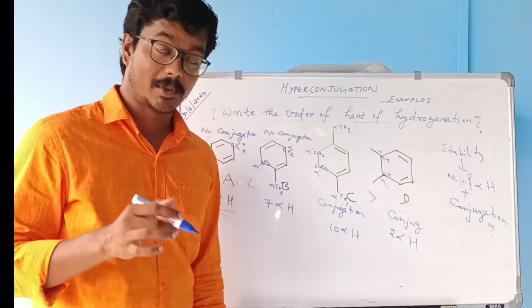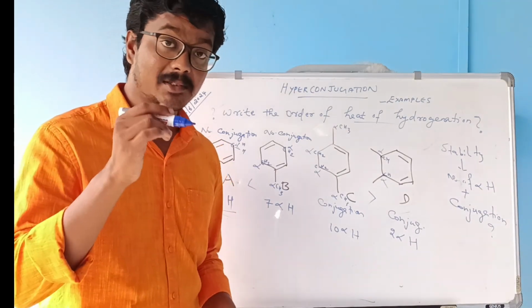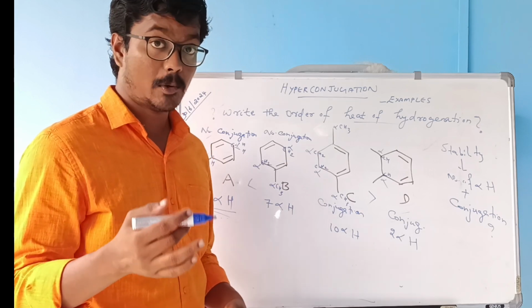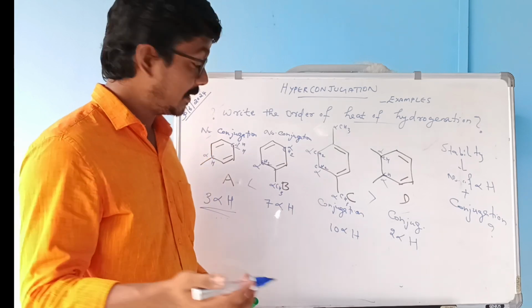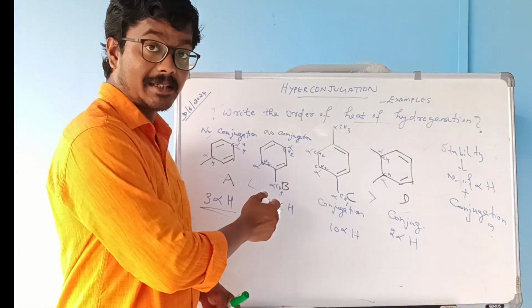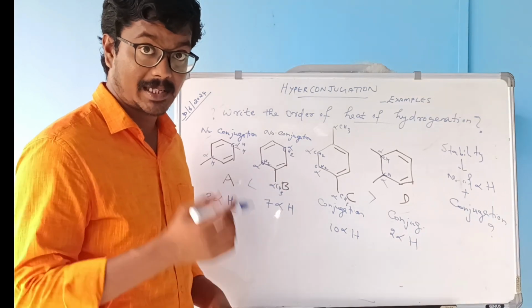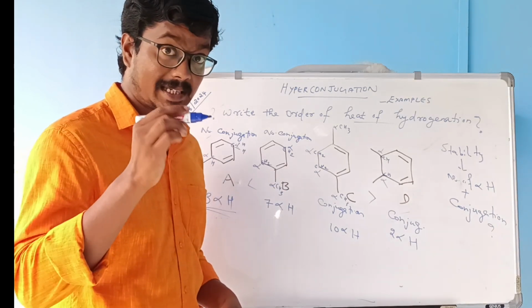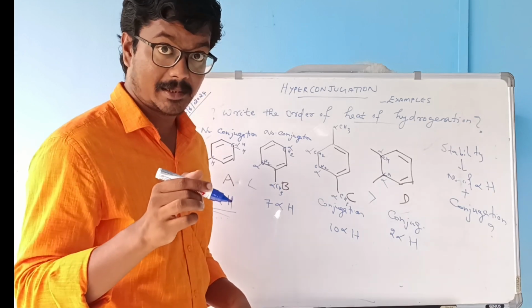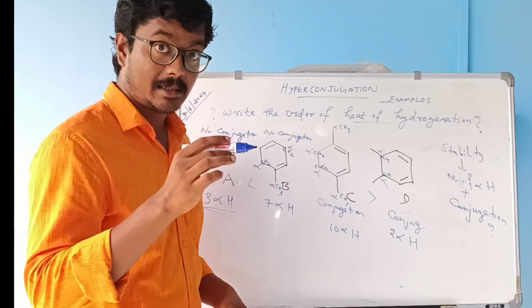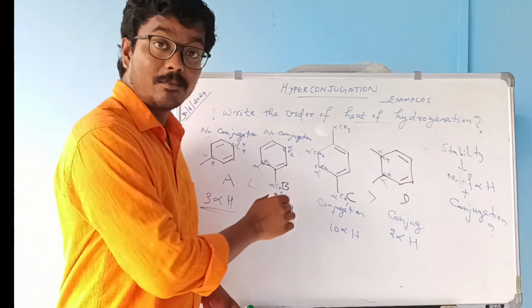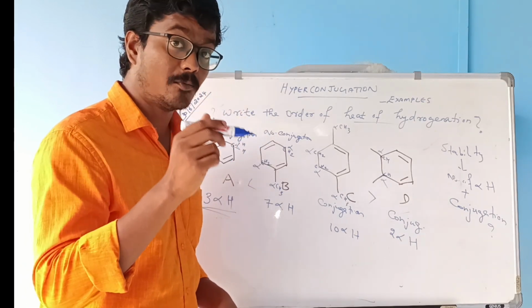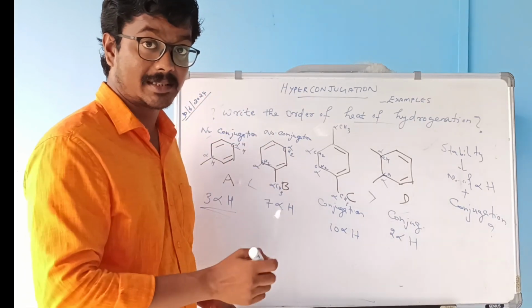Now we will consider all together. In an unsaturated compound where conjugation is present, the stability is more predominant than the presence of alpha hydrogen atoms. Let me repeat. In an unsaturated compound where there is conjugation present, the stability of that compound is more than when we consider alpha hydrogen atoms.